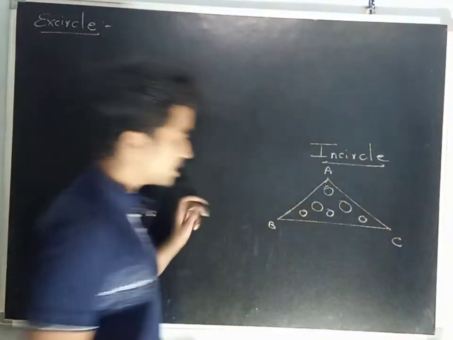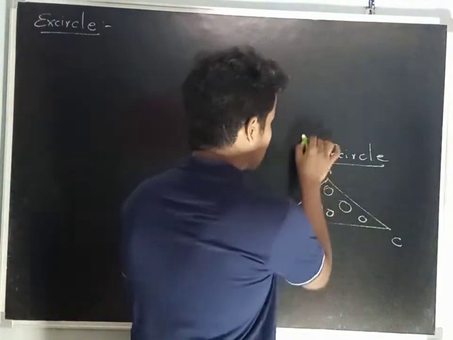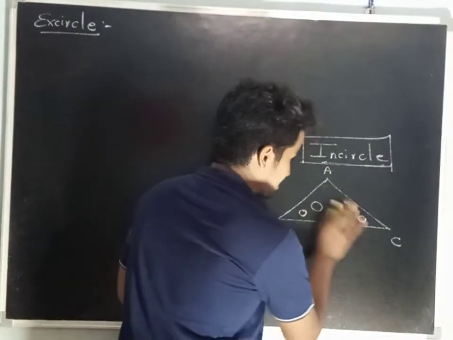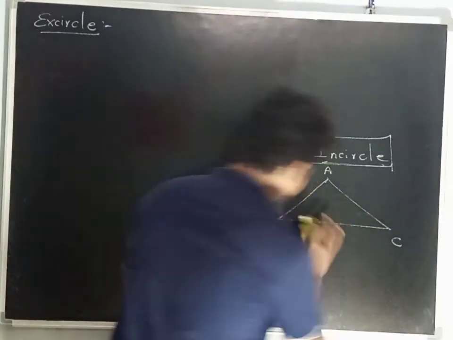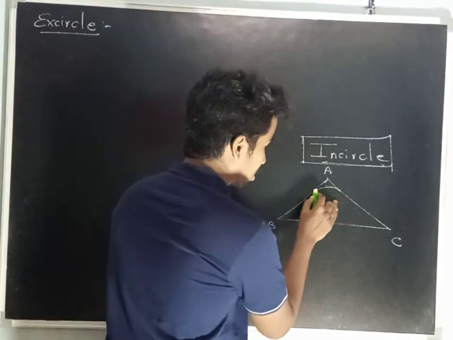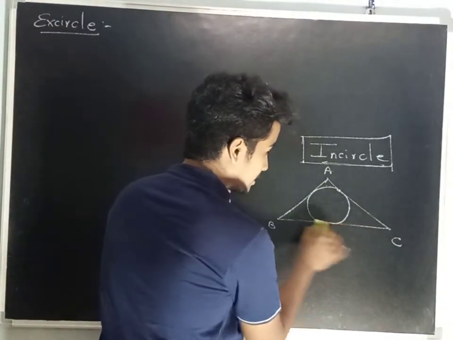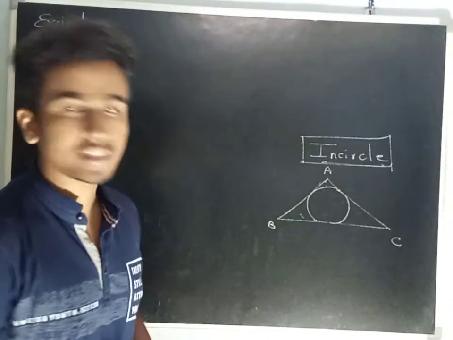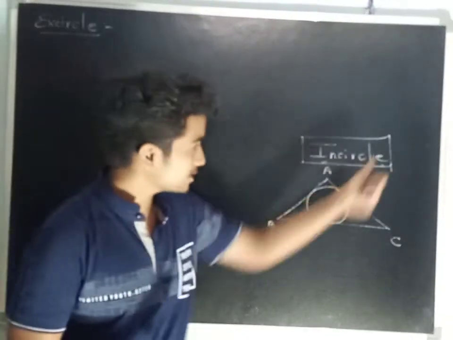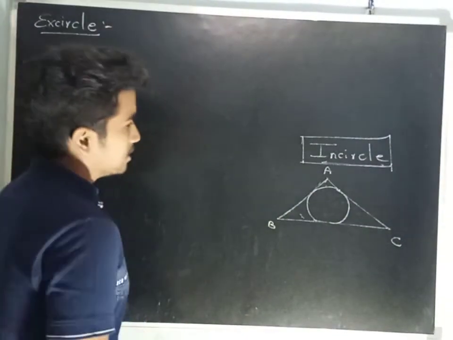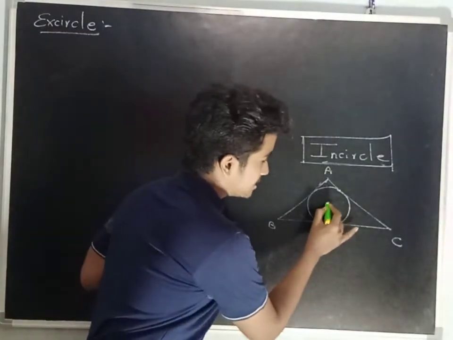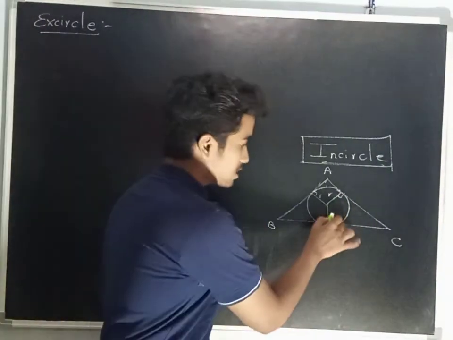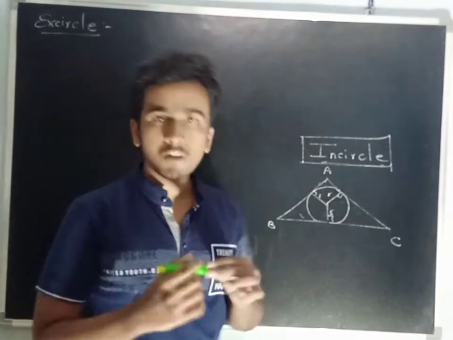But what specifically does the incircle mean? It is a circle drawn inside the triangle so that all three sides of the triangle act as tangents. This is the specific thing regarding incircles. This is what we discussed, and regarding this we saw some derivations and formulas in our previous video.